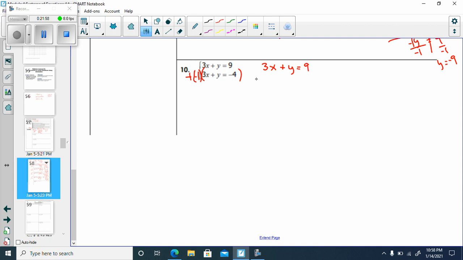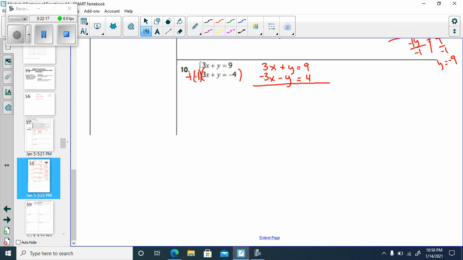Okay, negative 1 times 3x is negative 3x. Negative 1 times y is negative y. Negative 1 times negative 4 gives you positive 4, right?